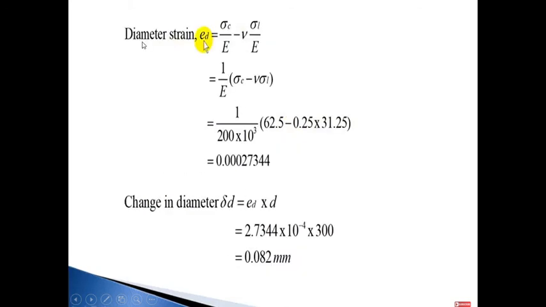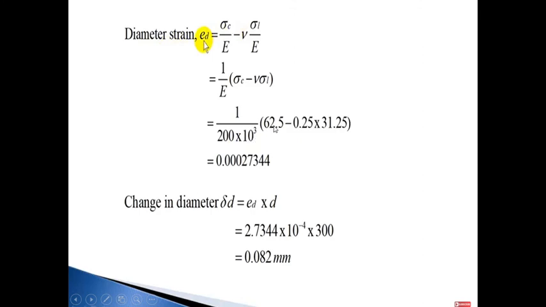Next we calculate the diameter strain. The diameter strain formula is sigma C, the circumferential stress, divided by E minus V sigma L divided by E. That is 1 divided by E into (sigma C minus V sigma L), equal to 1 divided by 200 into 10 power 3.